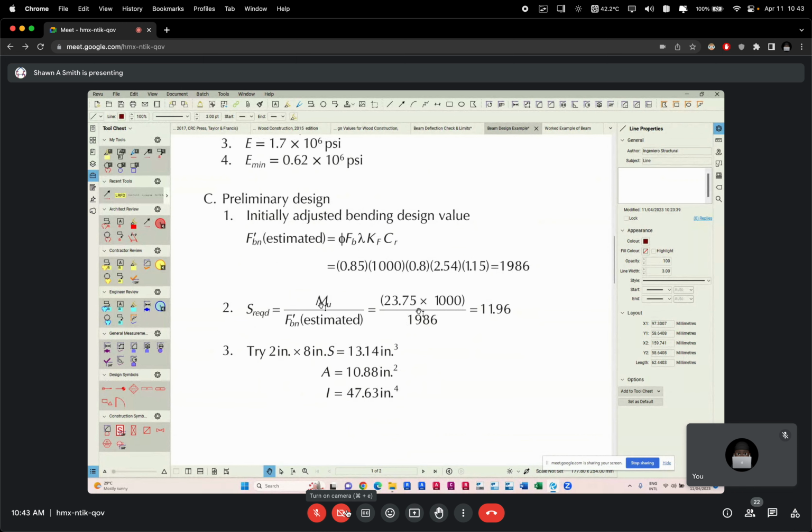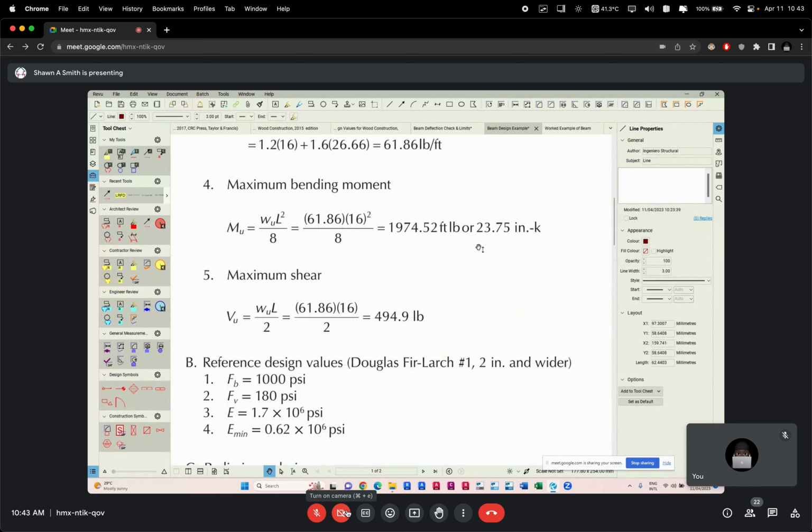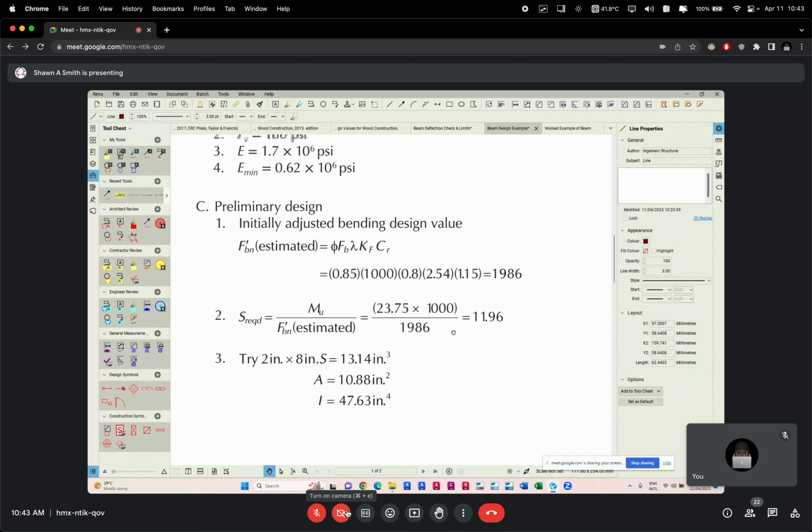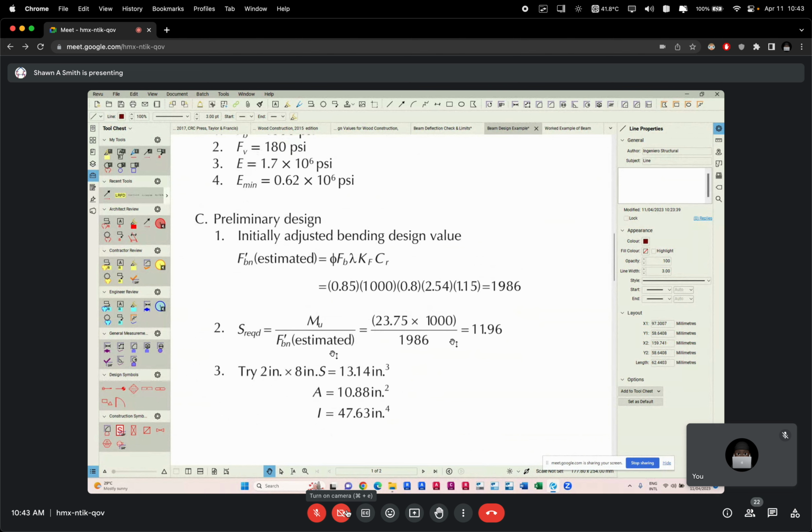The moment you know because you calculated it from up here, that's acting. Multiply by 1,000 because you carry to foot pound, and then you divide it by the estimated stress based on the material for the timber. All right, which is this, and it gives you a section modulus of 11.96.